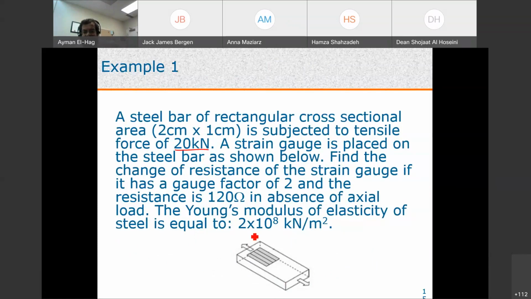A strain gauge is placed there. Find the change of the resistance of the strain gauge if it has a gauge factor of 2 and the resistance was originally 120 ohm. If I apply this force, 20 kilonewton, how much change will I have in the resistance? The problem also gives you the Young modulus of elasticity of the steel.